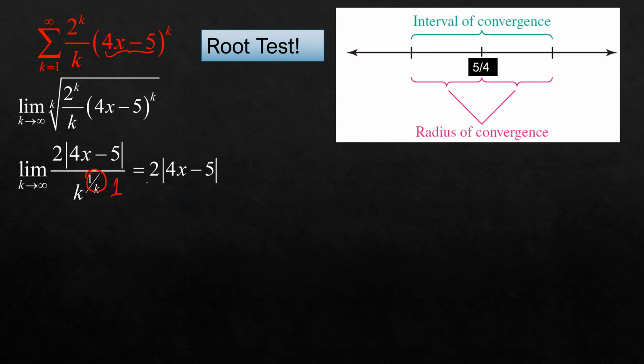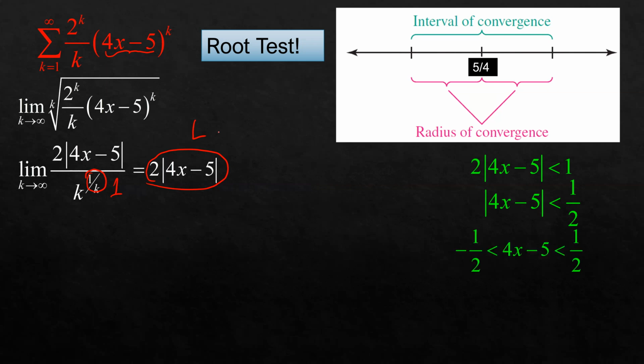Okay, and now this right there again is our L, and the root test said we want our L to be less than 1. That means that 4 times the absolute value of x minus 5/4 is going to be less than 1/2. So x minus 5/4 will be in between -1/2 and positive 1/2.